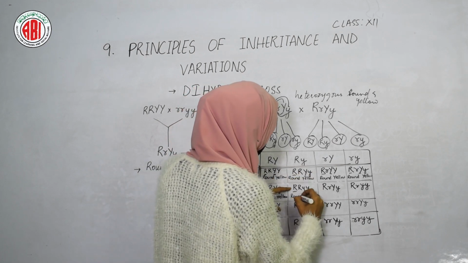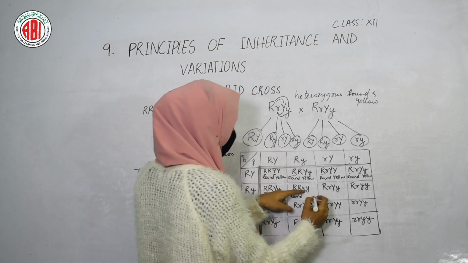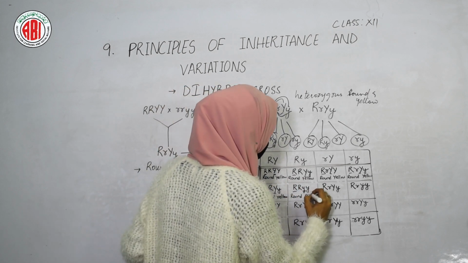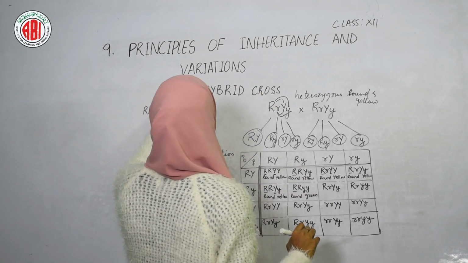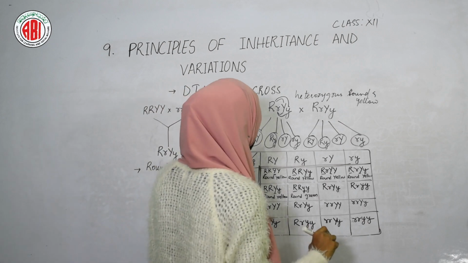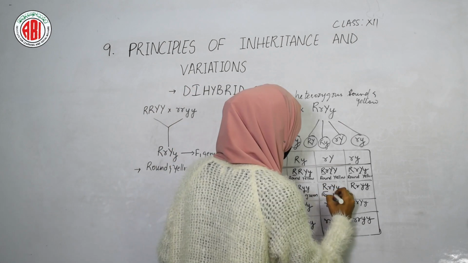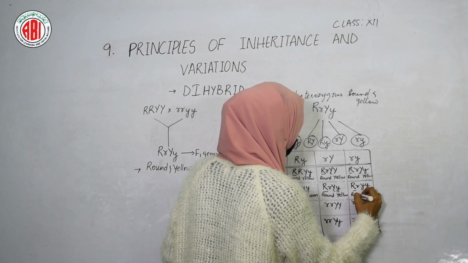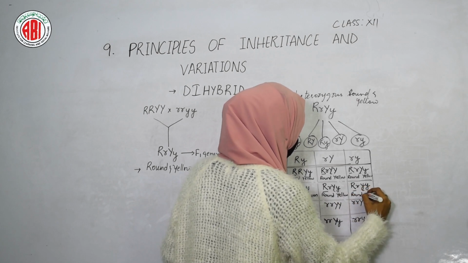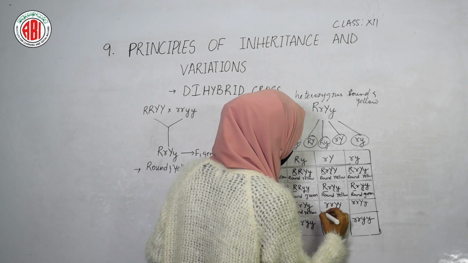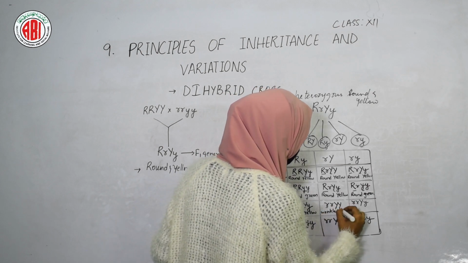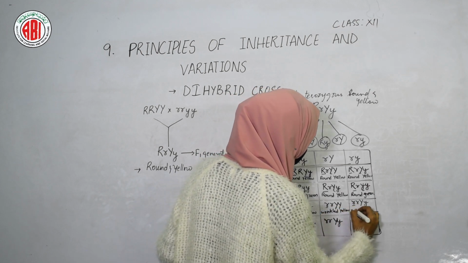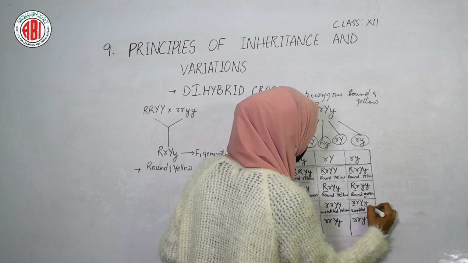Now, here R is for round, and small y is present. So, we will write here green, because small y codes for the character green. Capital R is for round, capital Y is for yellow again. Here capital R is for round, small y is for green, small r is for wrinkled, and capital Y yellow. Small r wrinkled, again capital Y is for yellow.